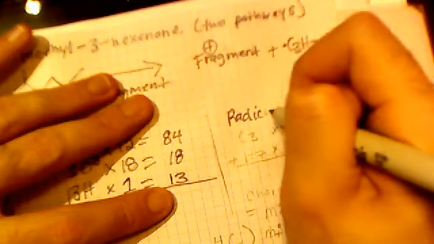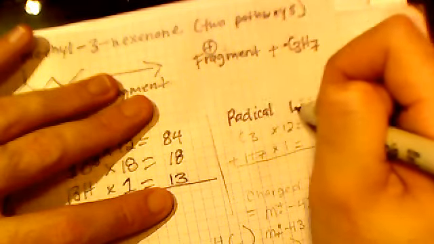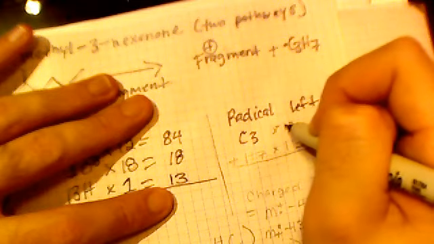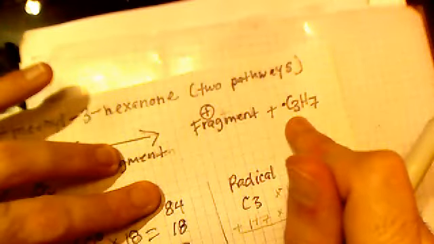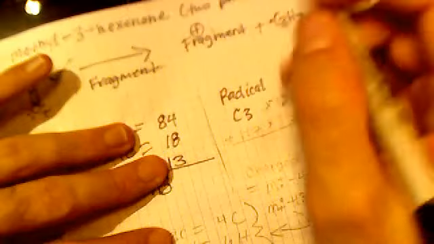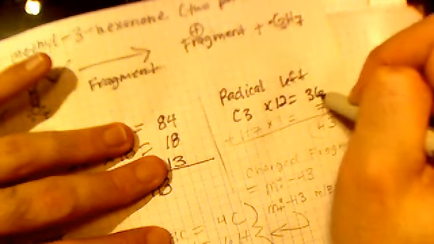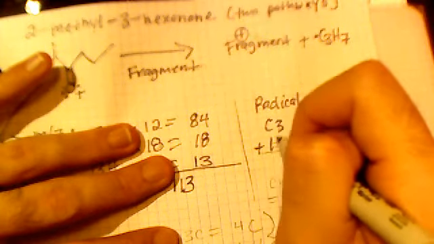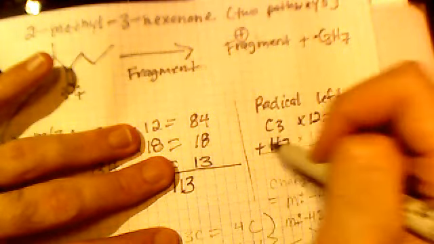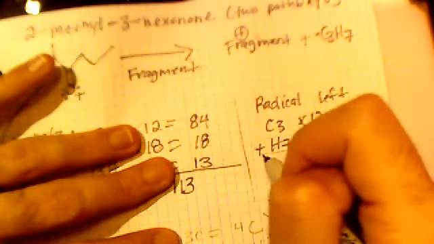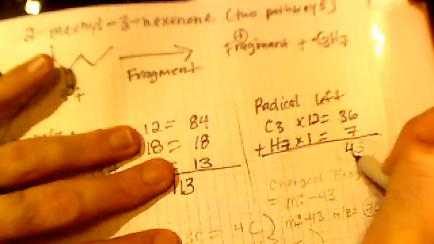They told us the radical that left was C3H7. There were 3 carbons times 12 equals 36, plus 7 H's times 1 equals 7. That equals 43.